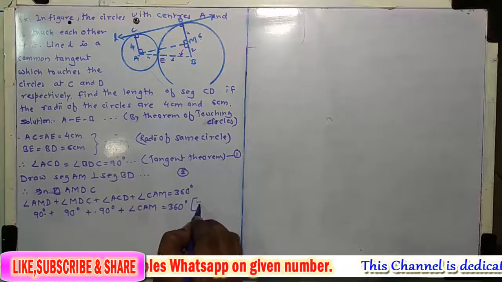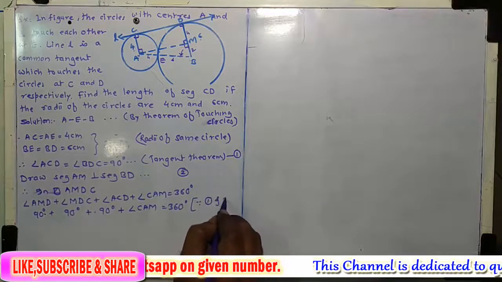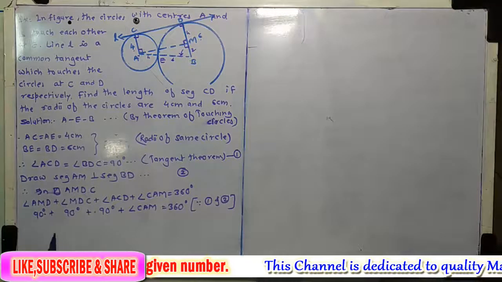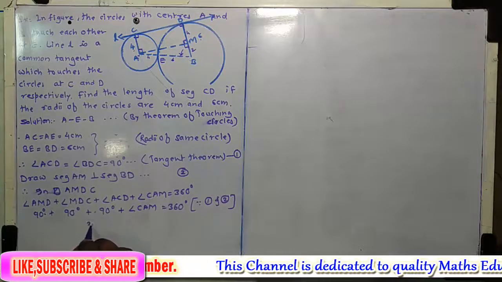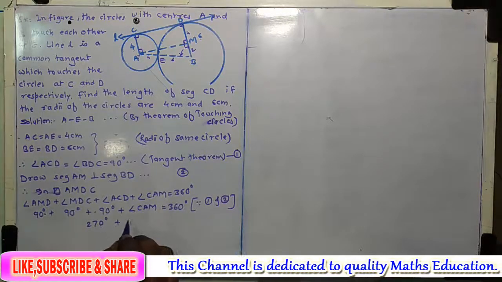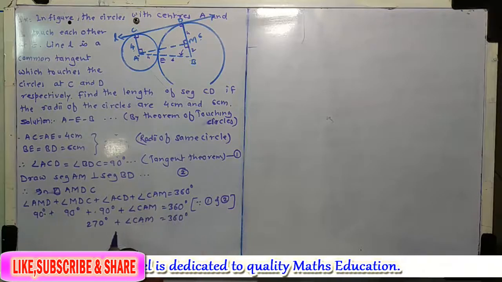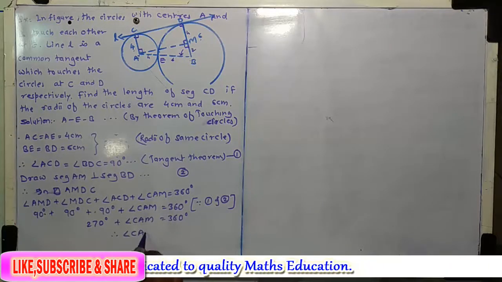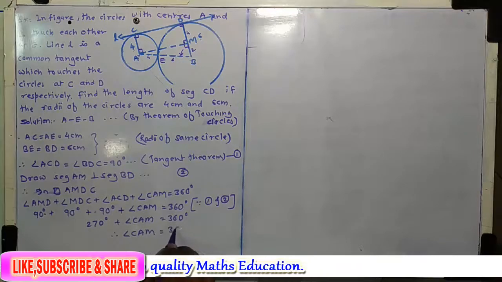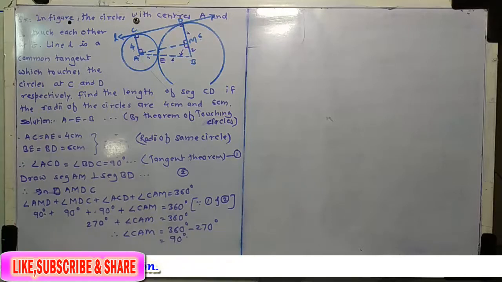Here the reason is, since from 1 and 2, 90 plus 90 plus 90 is 270 degree plus angle CAM is equal to 360 degree, and therefore angle CAM is equal to 360 degree minus 270 degree, that is again 90 degree. So that angle is also 90 degree.